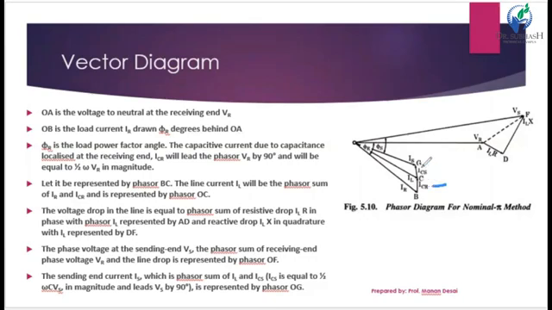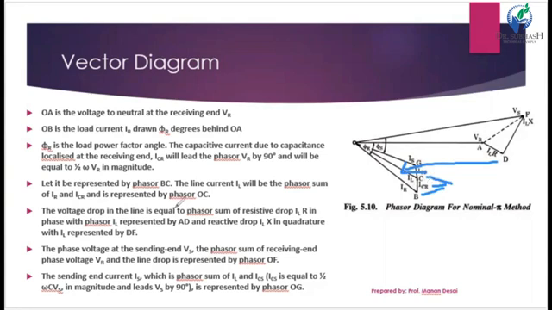The phasor BC is represented as ICR. The line current IL will be the phasor sum of IR and ICR, represented by the phasor OC. This OC is the resultant phasor of IR and ICR.